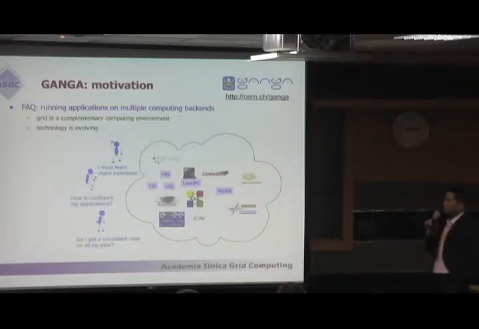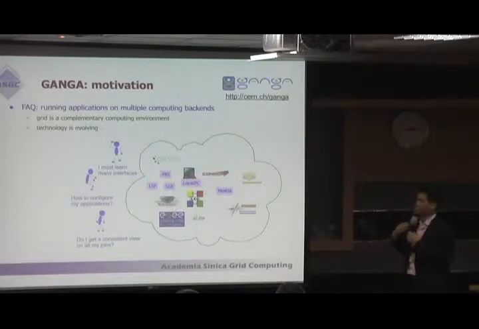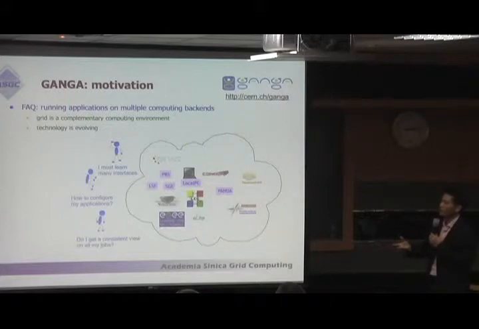The motivation of Ganga is the following. Running an application on multiple computing backends is the case the user has to face when a scientist tries to run his applications on a distributed environment.